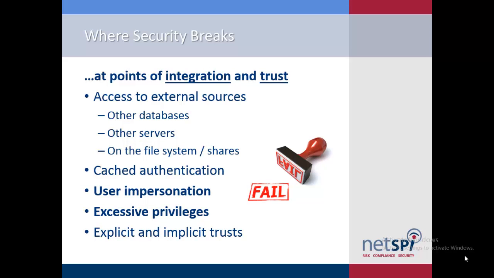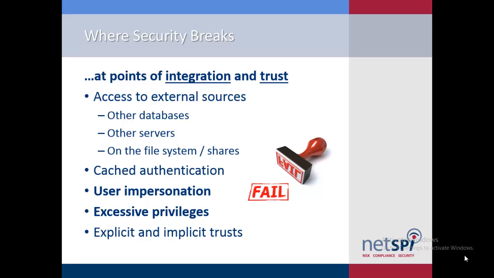Where we see that happening the most in SQL Server is at points of integration and trust. When an application connects to a backend database, once in a while that application or database will have some requirements to reach out to the operating system, reach out to another server, et cetera.